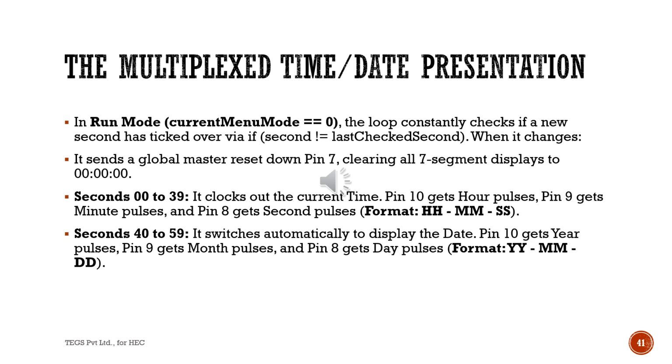Seconds 00 to 39: it counts out the current time. Pin 10 gets hour pulses. Pin 9 gets minute pulses. Pin 8 gets second pulses. The format HH, MM, SS is fulfilled.